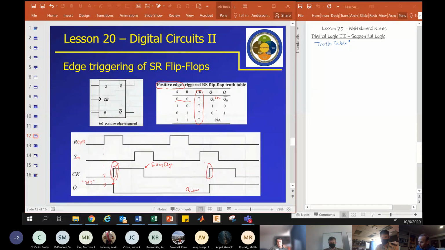Set goes high, so we're 1 and 0, so it should set, and Q should go up on the rising edge. And then there are no other rising edges in this graph, so there are no other changes to the device.